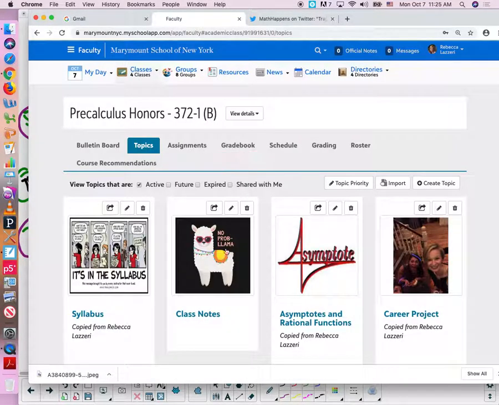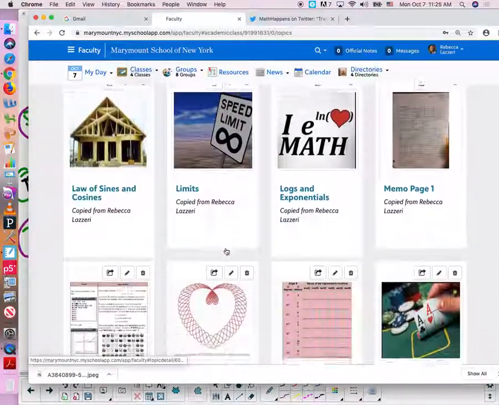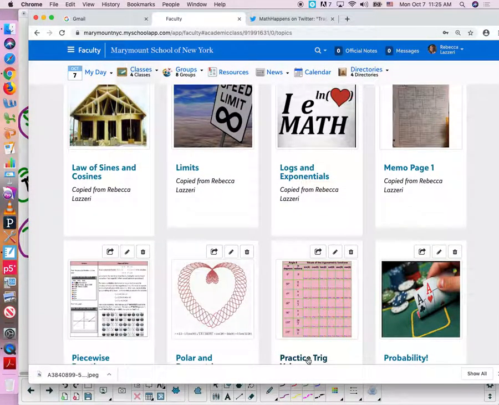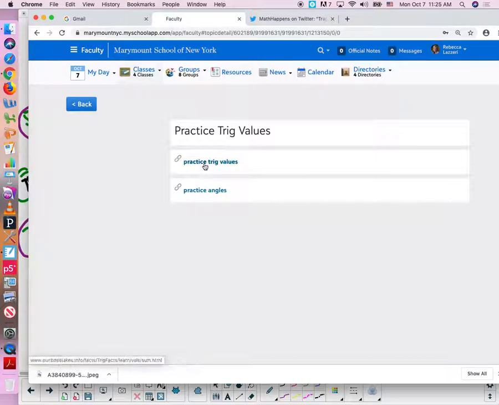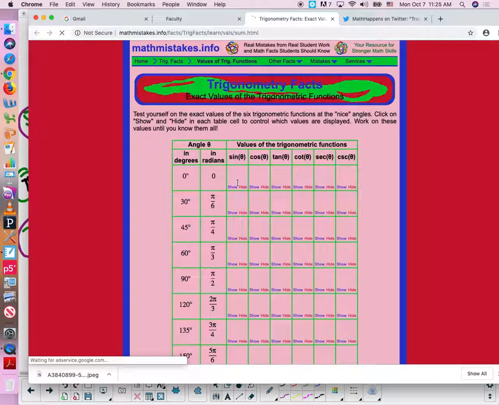I'm hurrying. There's practice trig. There's a couple of things you can do for self-practice, okay? Under links, it says practice trig values if you want to do that. But I'll give you Delta Math and the answers to worksheet 2. Homework will probably be worksheet 3, possibly worksheet 4.